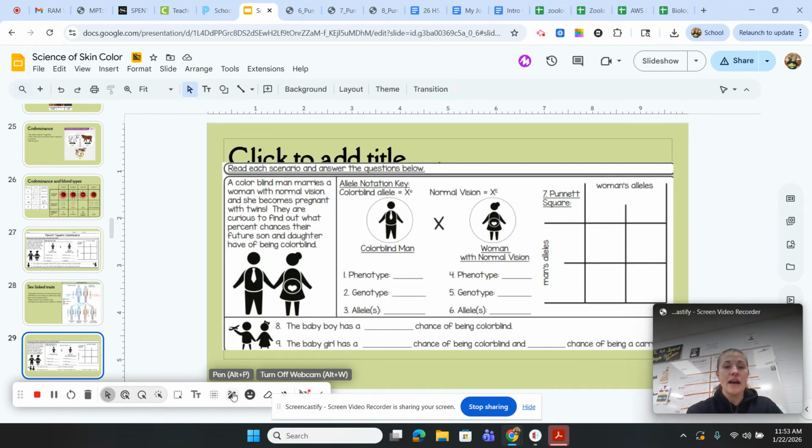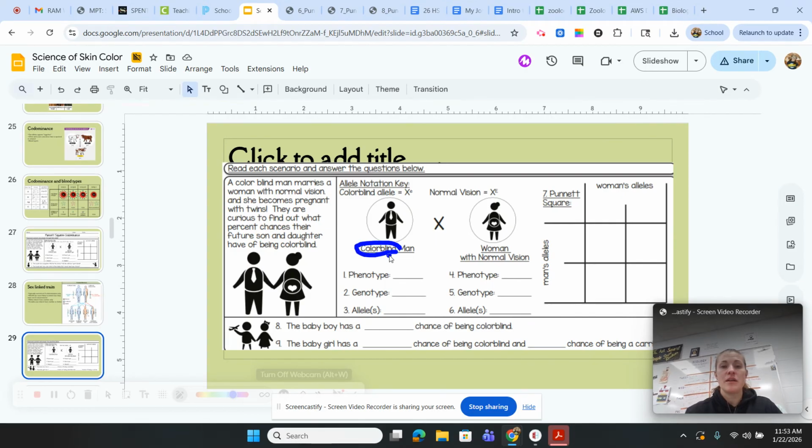So using that example of color blindness, we are going to fill in this question here. If we notice, it says color blindness is recessive, so it'd be X with a superscript lowercase e. Normal vision would be X with a superscript capital E. So if this man is colorblind, his phenotype is colorblind.